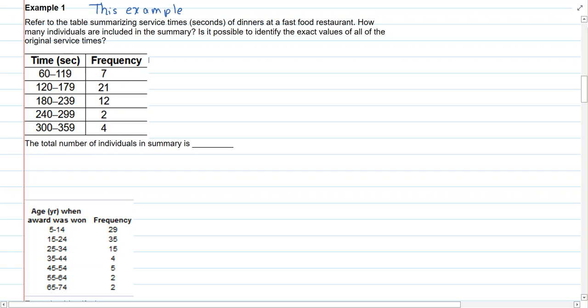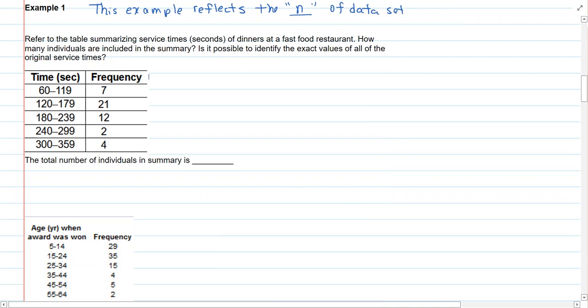And this example reflects the n of the data set. And if you remember, we said that the n is the total number of the data set.